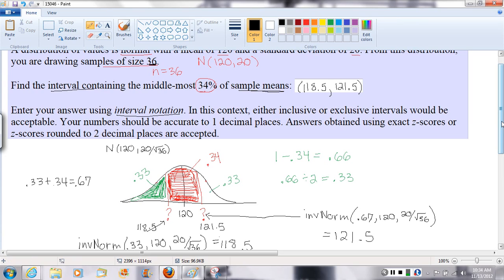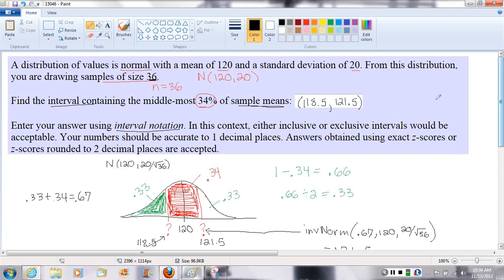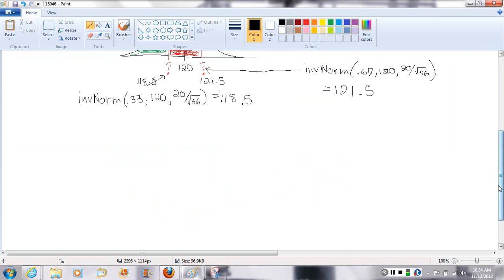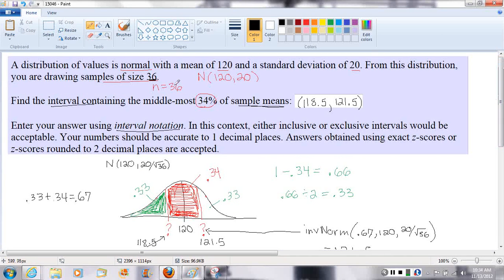What is that interval telling us? It's saying if I have a population with mean 120, standard deviation 20, and I take a sample of size 36 from that population and look at the mean of that sample, 34% of the time the mean of my sample will be between 118.5 and 121.5.